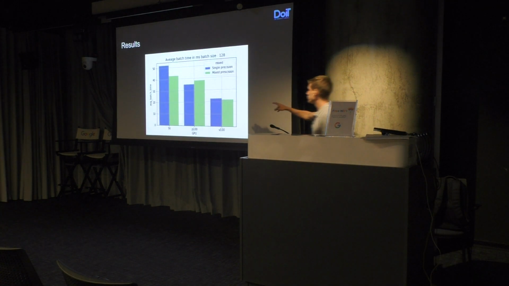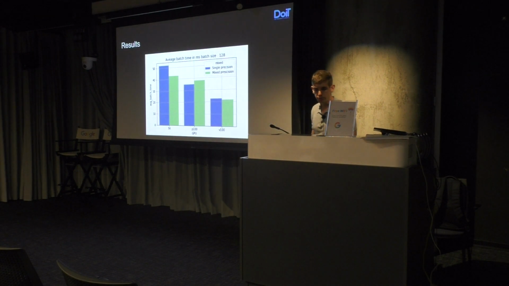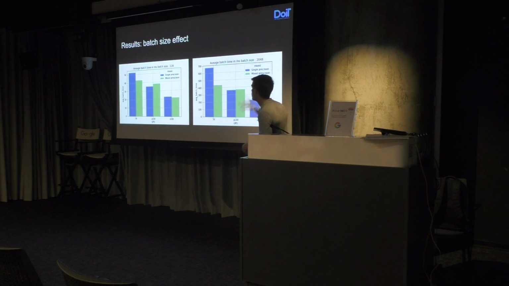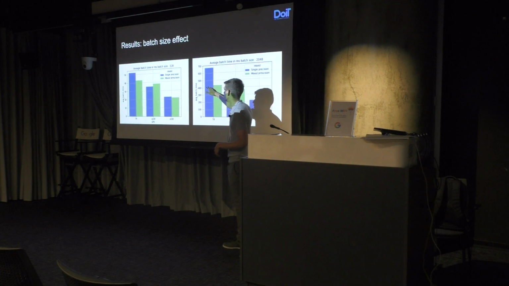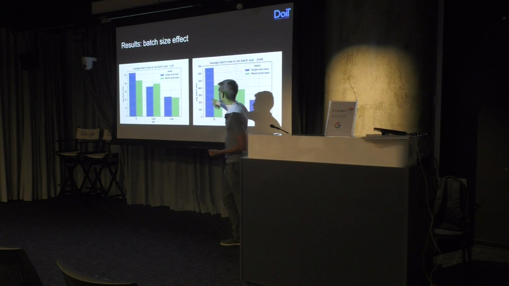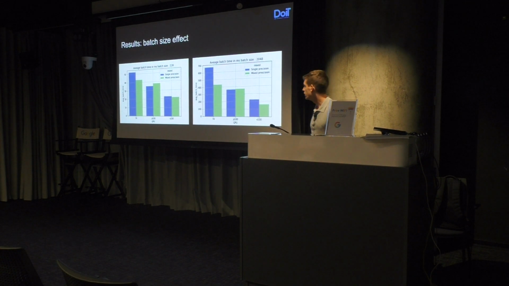So this is a fairly small batch size. We wanted to see how it affects if the batch size is increased. What you can see is obviously the total time is increased because we are going through many more samples, but the difference between doing mixed precision and single precision is significantly higher.